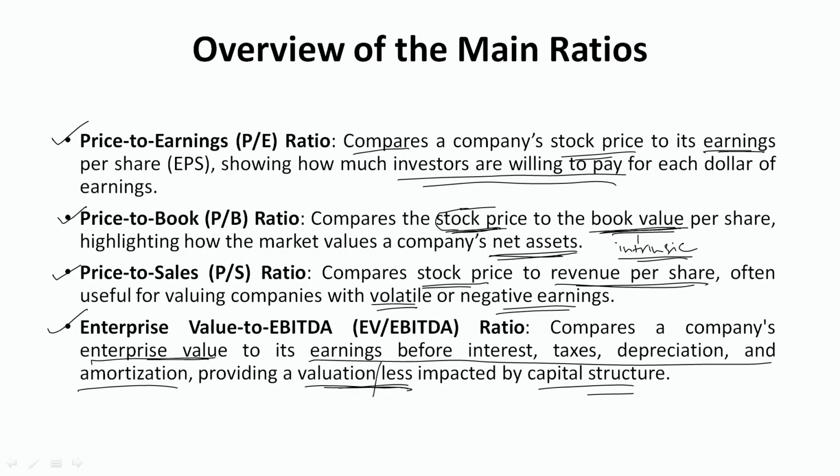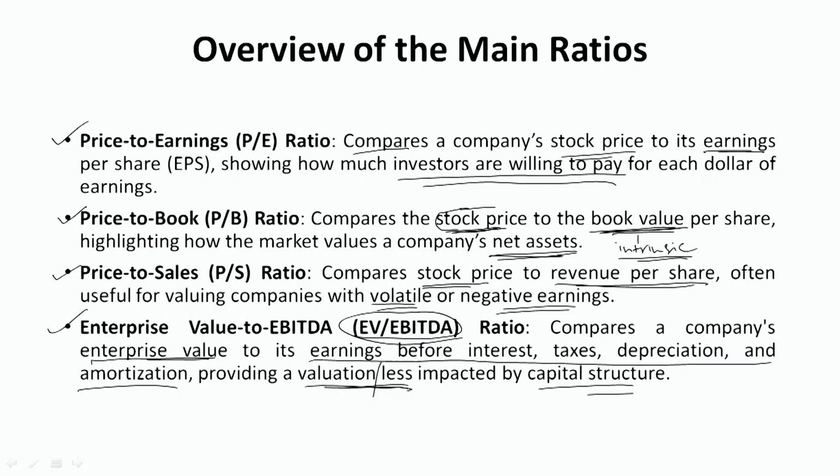So the lesser valuation impact is in this particular ratio I am talking about. When the enterprise value to EBITDA is negative or less than 1, then it is considered that it is not a good firm in which you can invest, right?